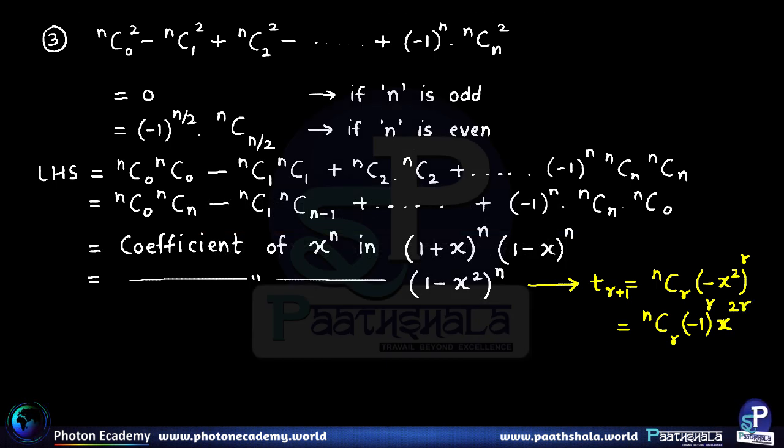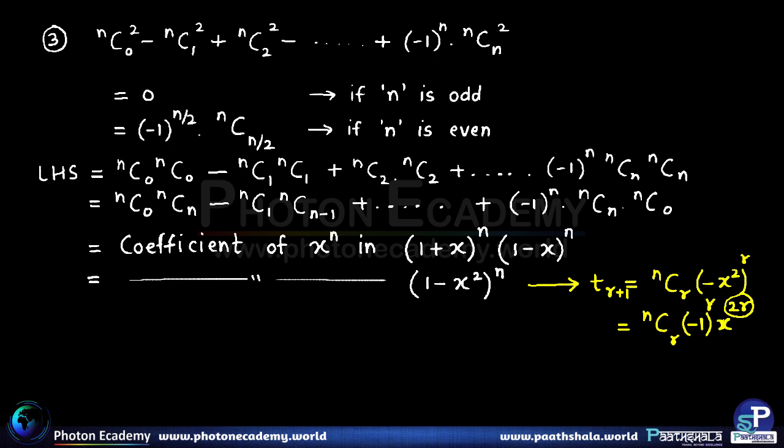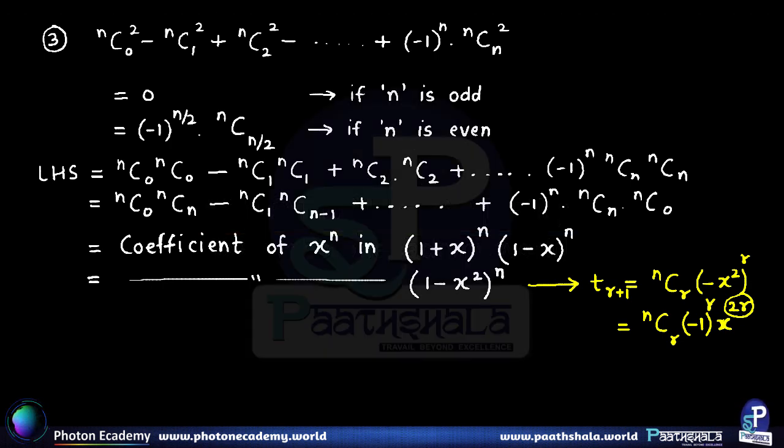So that means if we want to find the coefficient of x raised to n, here we get the index of x as 2r, which will always be an even number. So that means we will find the coefficient of x raised to n only if n is an even number, okay, because r is n by 2.